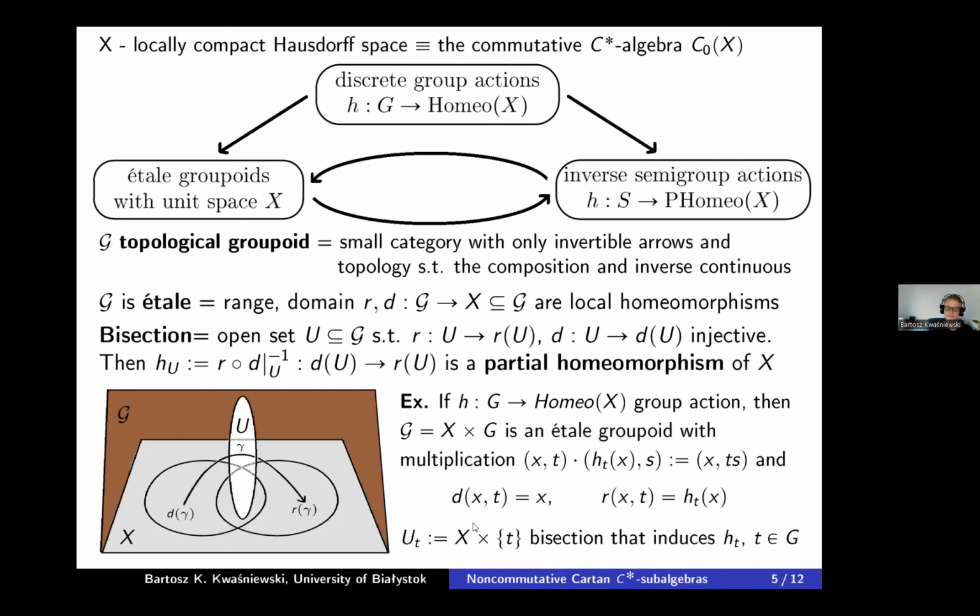Is your convention the usual one? It looks like t is multiplying itself. I don't exactly recall the convention of the groupoid. Maybe I missed the convention here. Yes, you had t minus 1 or something. So yes, you can do it in at least two different ways.